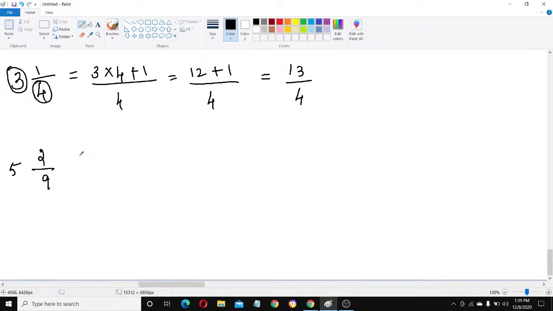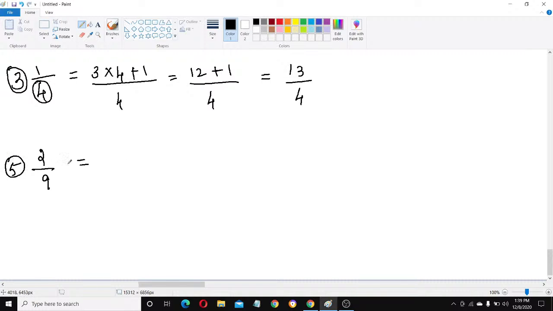5 2 by 9. 5 is the whole number, 2 by 9 is the proper fraction. Now how do we convert it into improper fraction form?